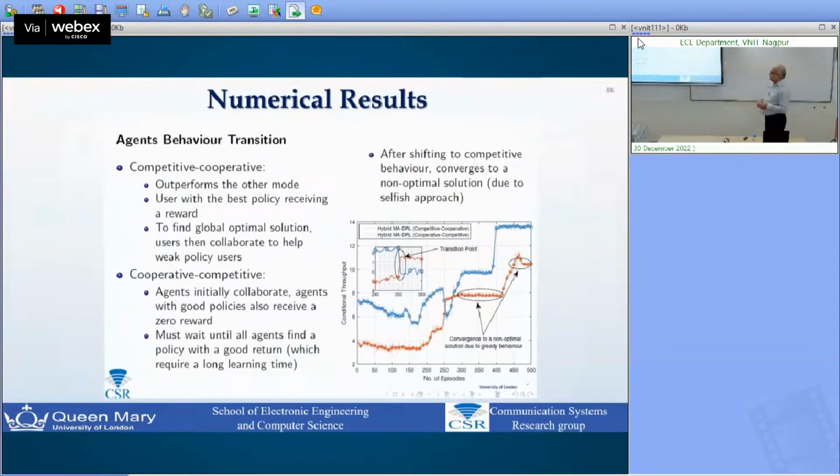This blue one is first competitive, then cooperative. This one is first cooperative, then competitive. The competitive-first then cooperative performs better than the other one.